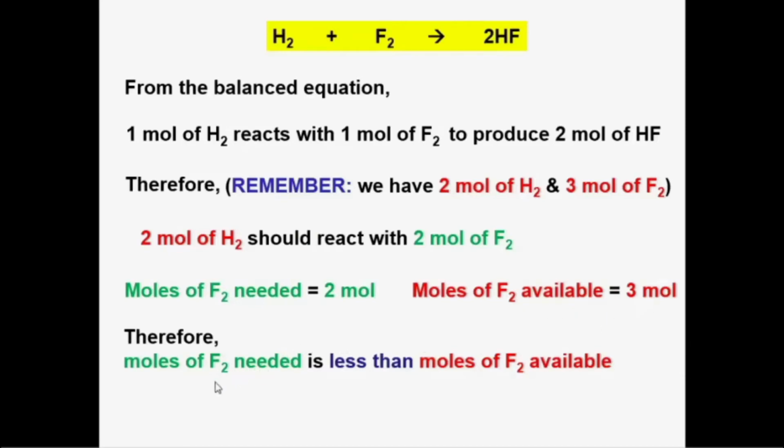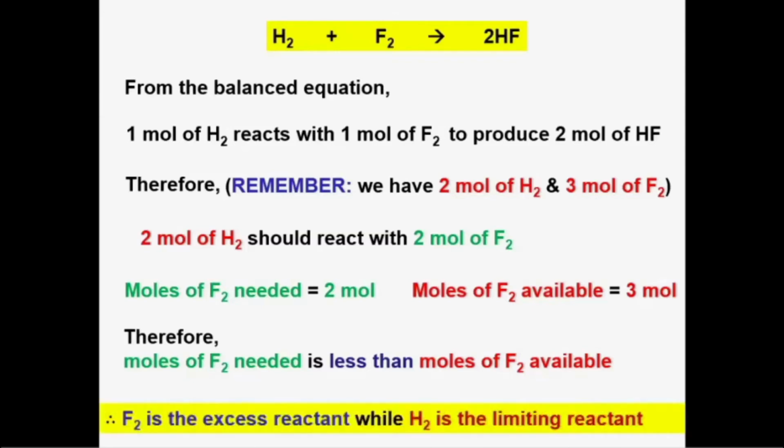Or we can say the moles of fluorine available is greater than the moles of fluorine needed. So what can we say about fluorine? Fluorine is the excess reactant, while hydrogen is the limiting reactant.